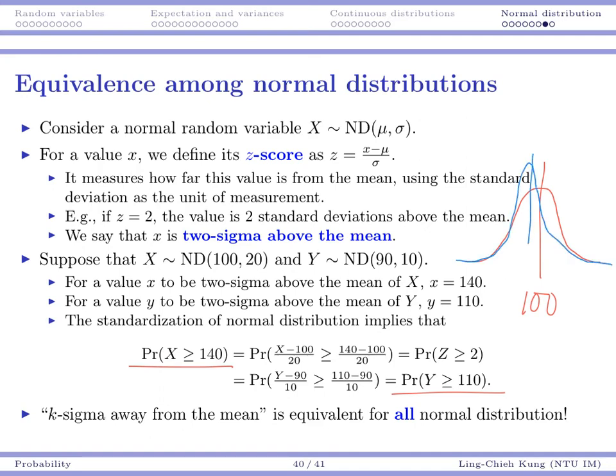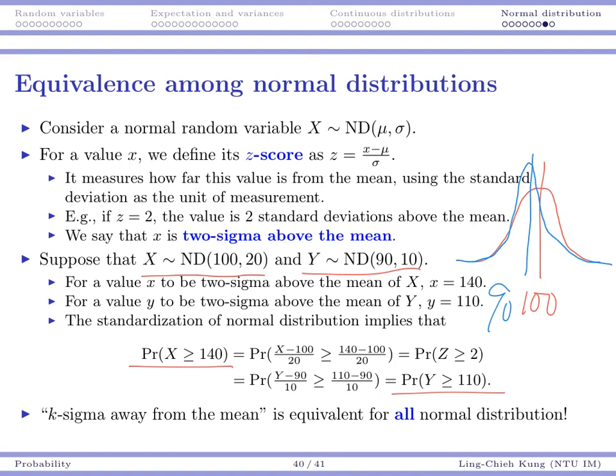The mean is at 90, and it's more centered instead of dispersed. And then I'm asking about two probabilities, right? I'm asking for x to be 2 sigma above its mean, and for y to be 2 sigma above its mean. And then the probabilities are the same.